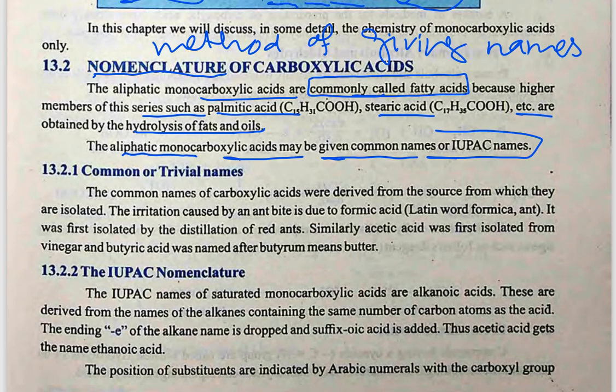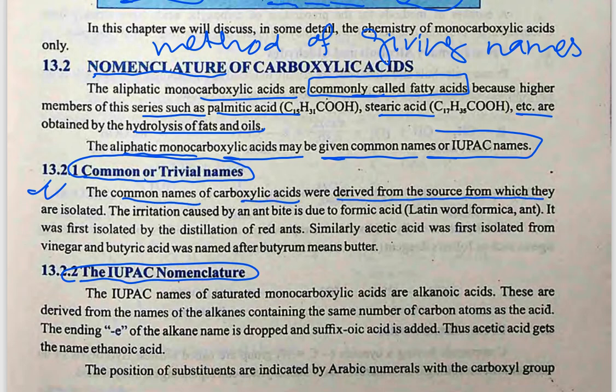So let's start with the basis of nomenclature. There are two types of names, common names or IUPAC names. The common names of the carboxylic acids were derived from the source from which they can be isolated.